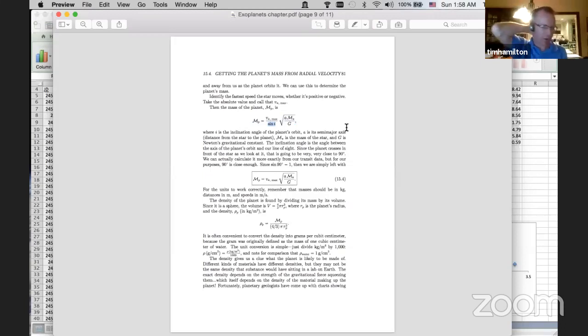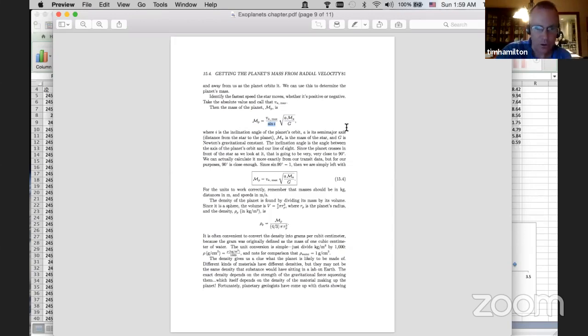Now, back when they were doing only Doppler shift, only radial velocity methods, back in the 1990s, they had no way of knowing what that inclination angle was in almost every case. But when we have a transit, we know what the inclination angle is. We know that it's edge on.